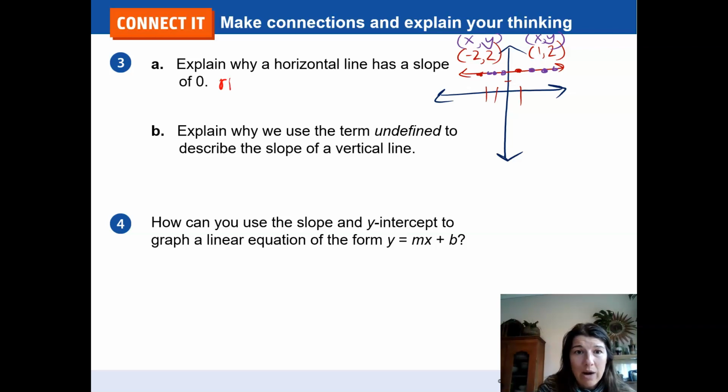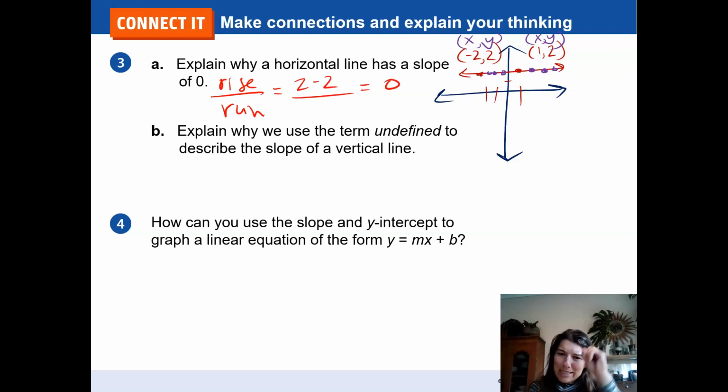So we're going to do rise divided by run. All right, our rise is we are going to take our y coordinates and subtract them from each other. How far away? What's 2 minus 2? 0. Those y coordinates are 0 units apart because they are the same y coordinates.